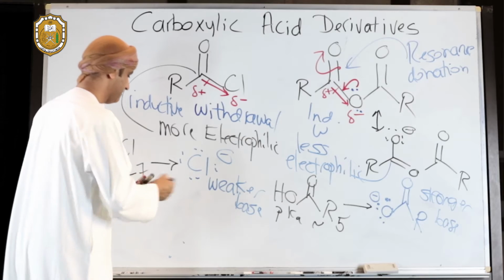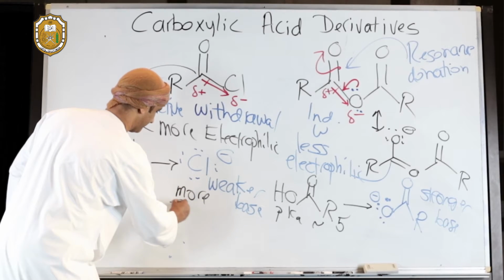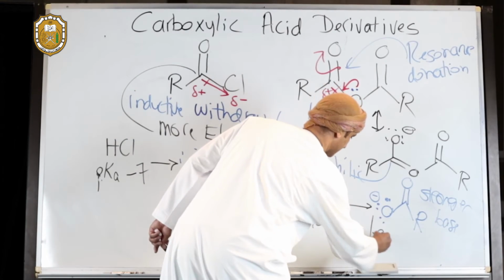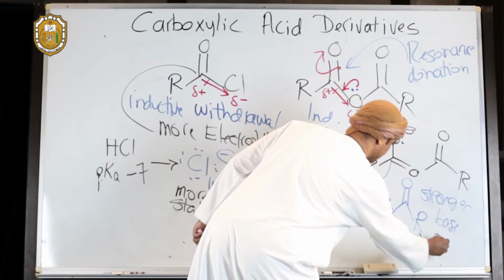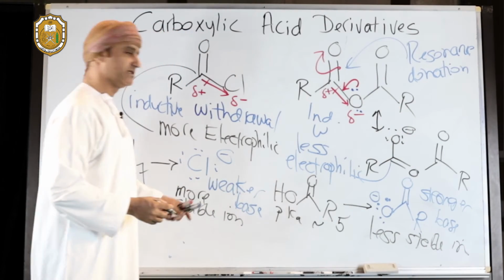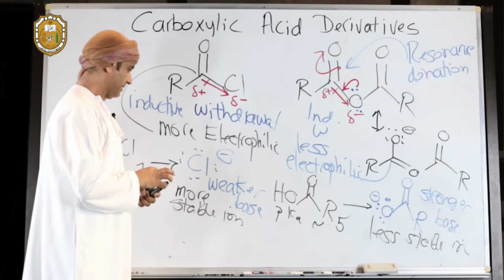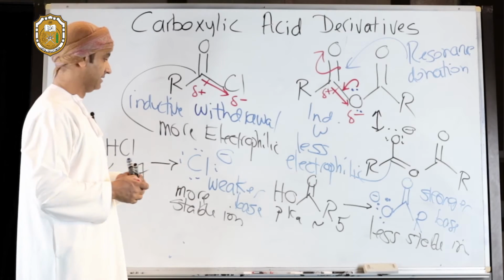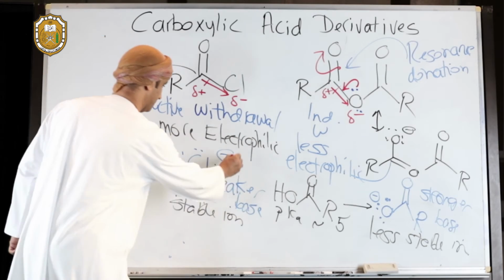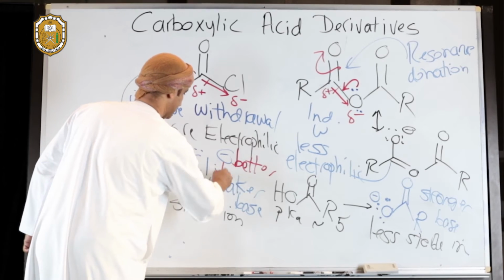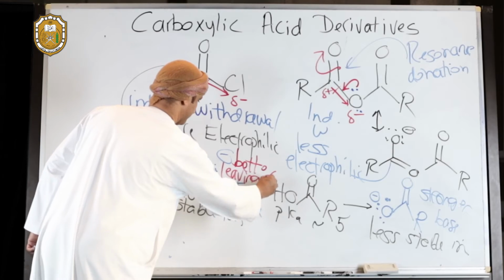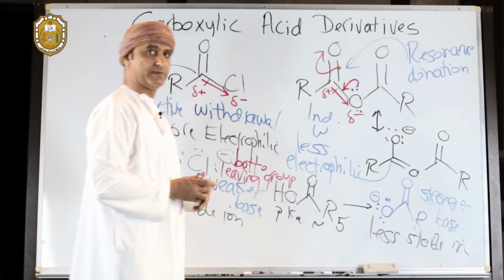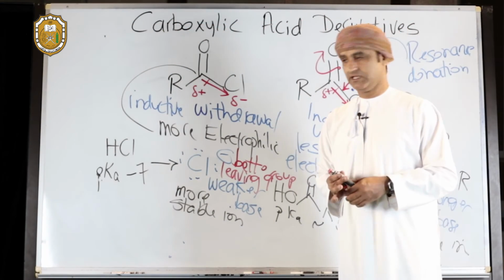If this is a weaker base, then this should be a more stable ion, and of course this would be a less stable ion. Weaker base, more stable ion makes this ion a very good leaving group, actually a better leaving group relative to the carboxylate. So in terms of the leaving group ability, the chloride ion is a better leaving group than the carboxylate ion.